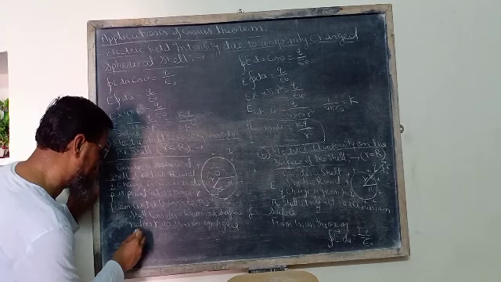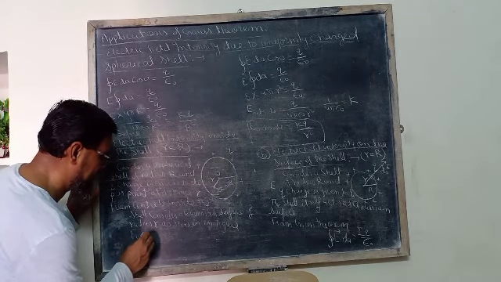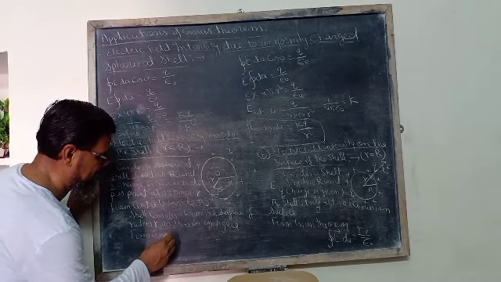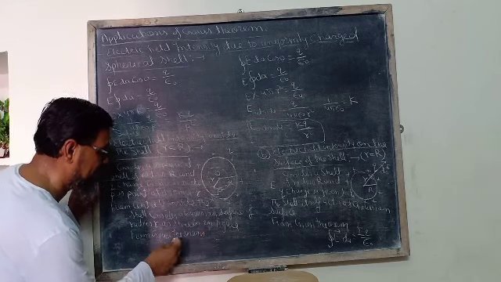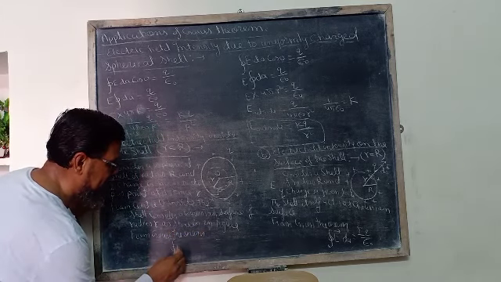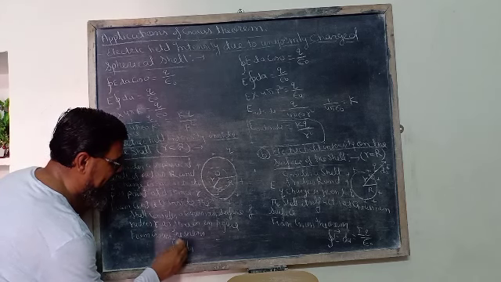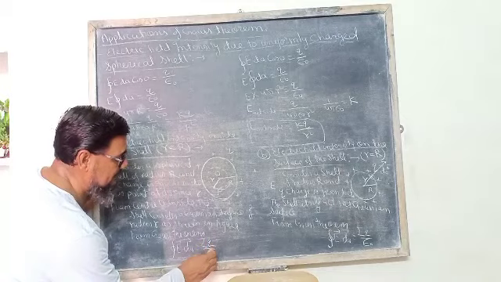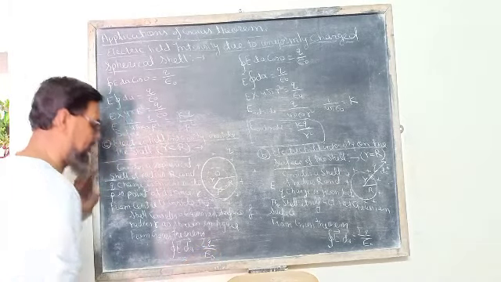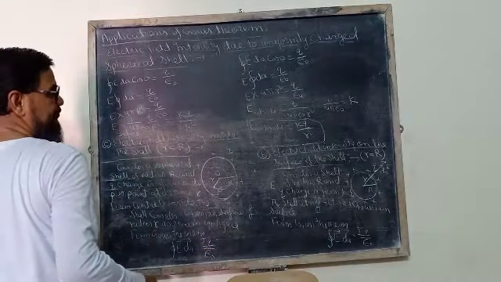And then from Gauss theorem, integral E dot dA is equal to summation q upon epsilon naught.